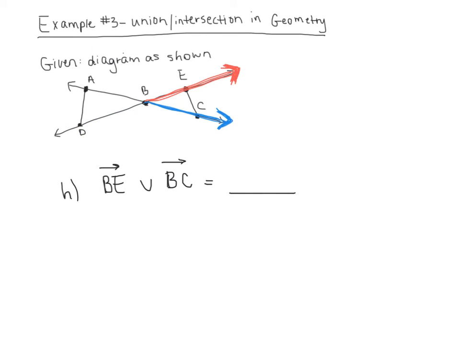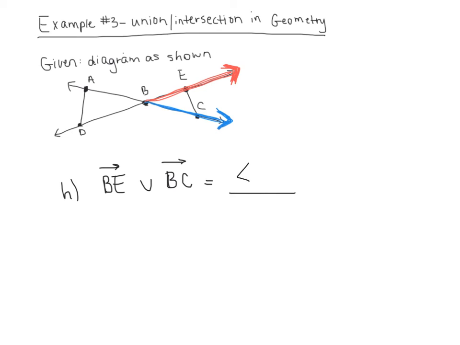Let's look at what happens if I change that second ray from ray BD to ray BC. So now, seeing the two parts marked, I have ray BE, that's the same, and then I change to ray BC, which is down here. When I look at the union of those two rays, the union of two rays with a common endpoint is by definition an angle.